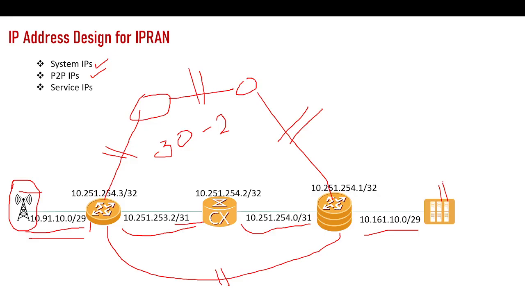Those are what I'm referring to as the service IPs. How many service IPs you need depends on the size of your network, how it's set up, and many other factors you need to consider when doing your service deployment. So these are the three IPs that you need, and how many depends on the size of your network.